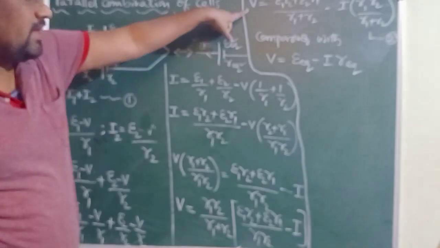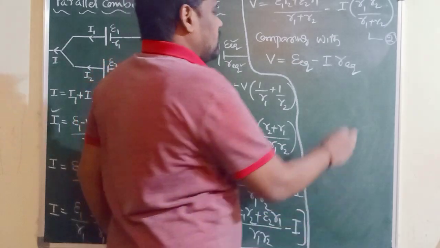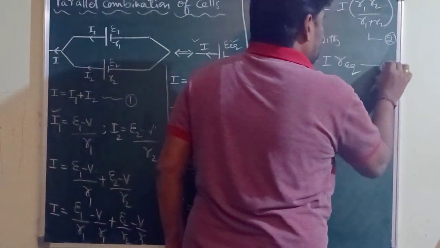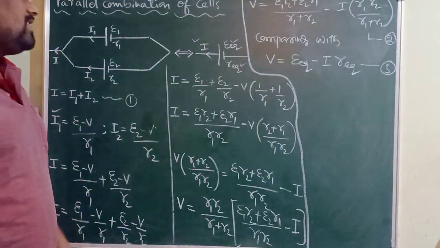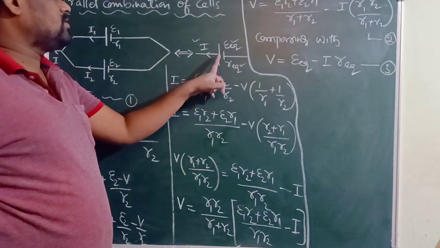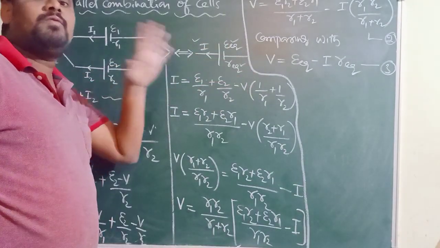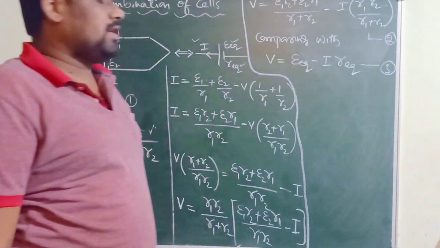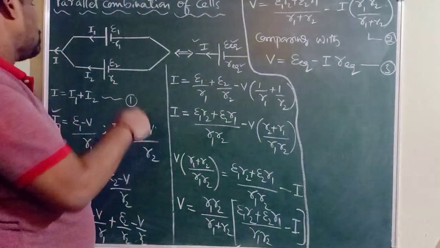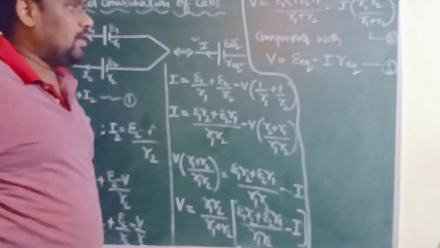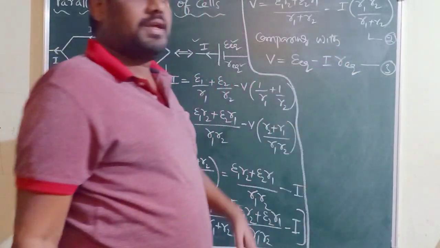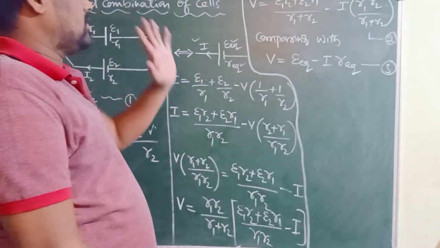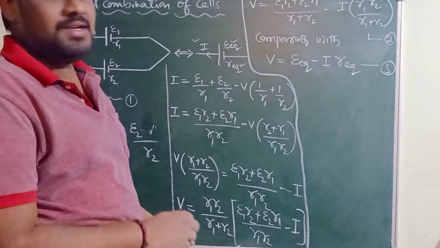This equation, equation 2, is of the form of equation 3. What is equation 3? It is the terminal potential difference across the equivalent cell. Then what is E equivalent? E equivalent is the total EMF when the two cells are connected in parallel. What is R equivalent? R equivalent is the total internal resistance when the two cells are connected in parallel.